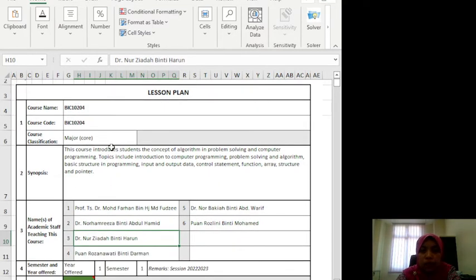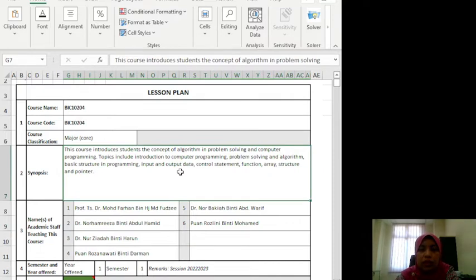So what is the importance of this course, what is the benefit of this course? It is a major course that briefs you about algorithms in problem solving and also computer programming.